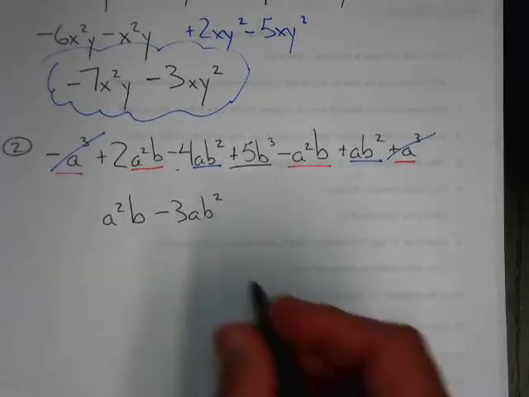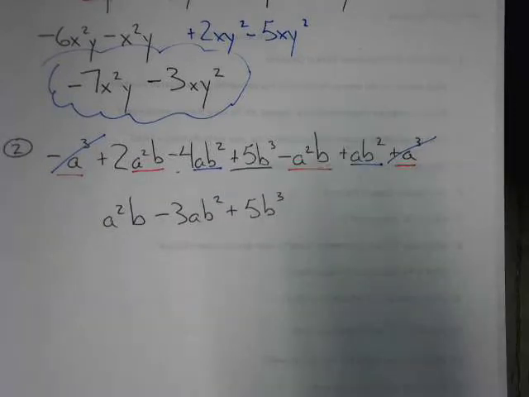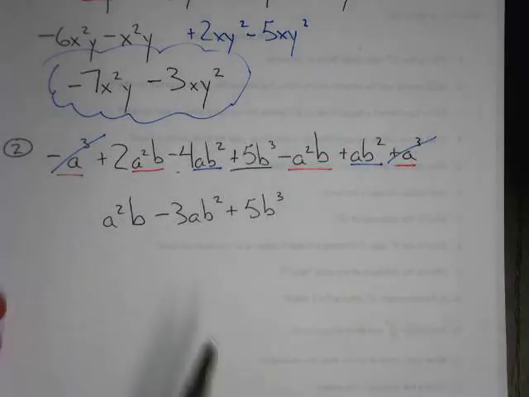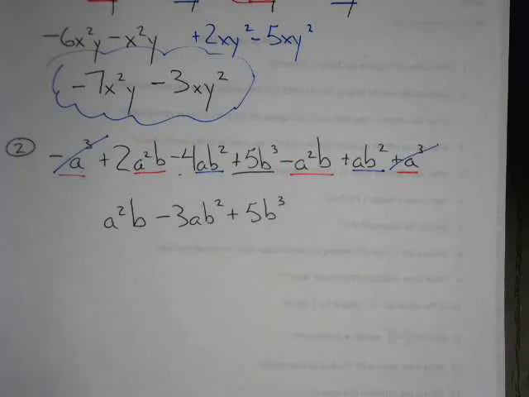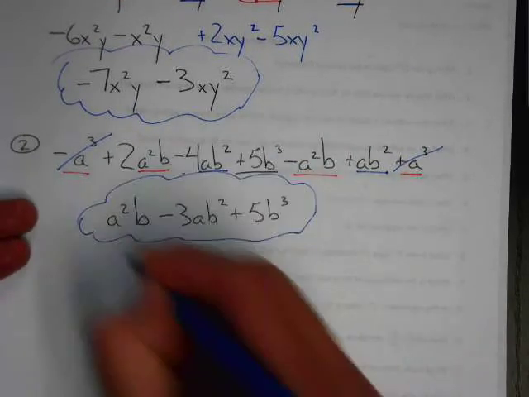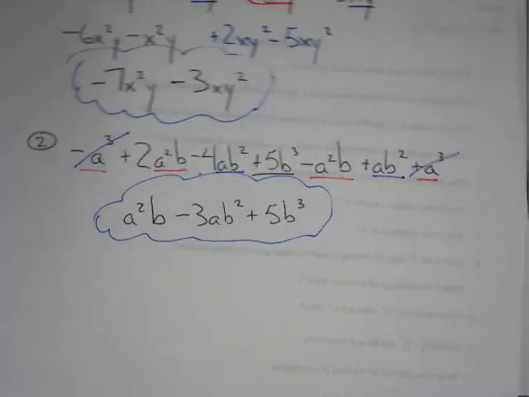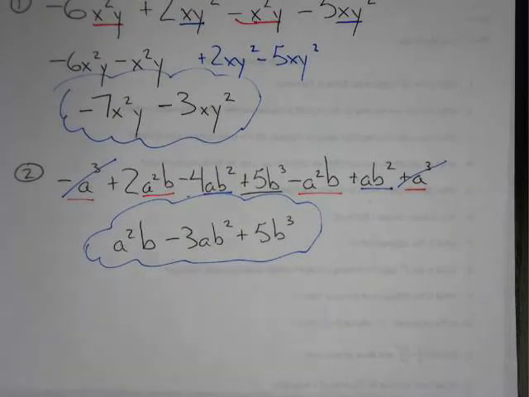No. So I'm left with 5b to the third power. And that is my simplified expression because these are all different units of measure. Since they're all different units of measure, they're not like terms. That is as simple as we can get it. So see how it's becoming a little bit quicker when you're thinking in terms of units of measure.